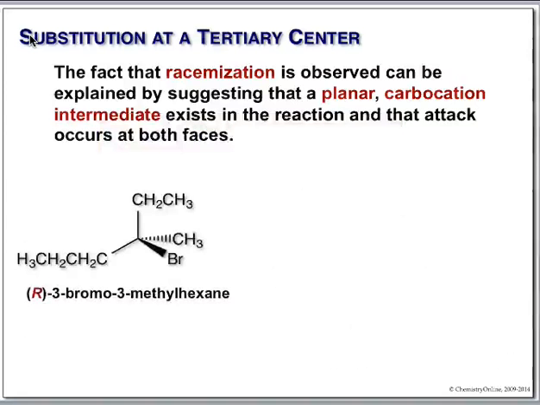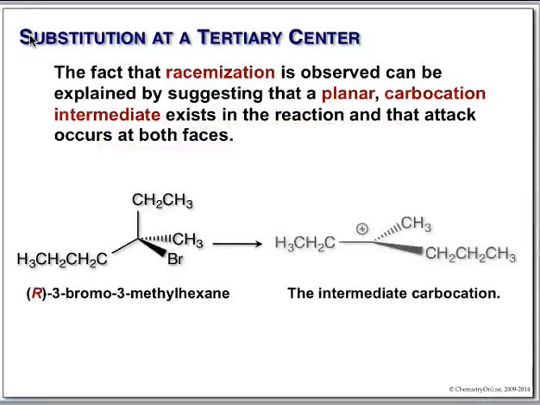What it has to do with is that the tertiary compound can form a stable carbocation. So, if we took this and simply ripped bromide ion off of it, just had it leave, we would wind up with this carbocation. Now we remember, carbocations are planar.